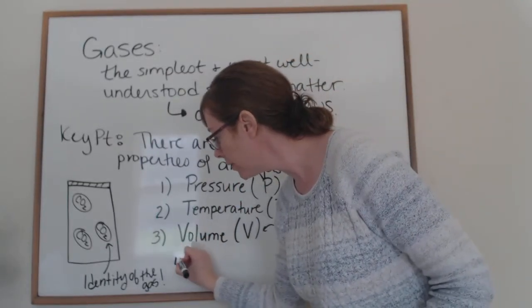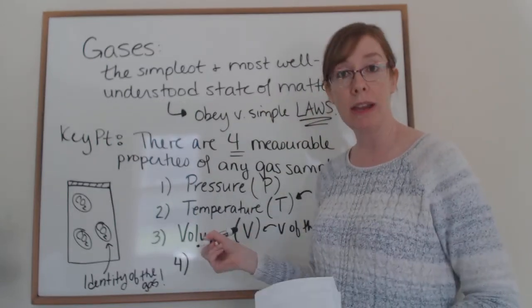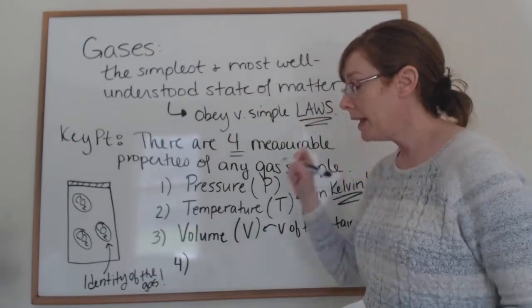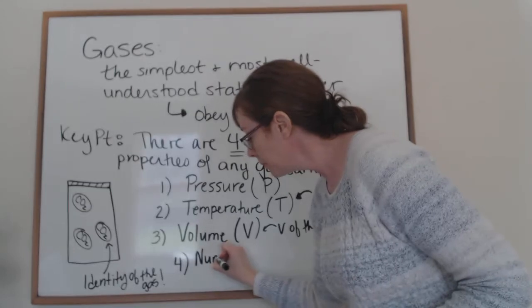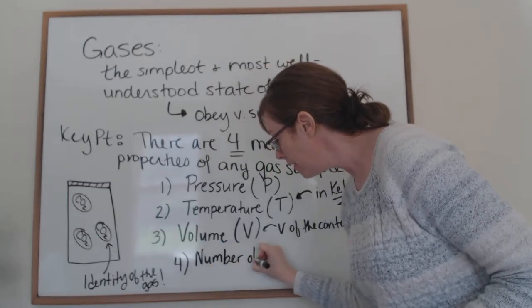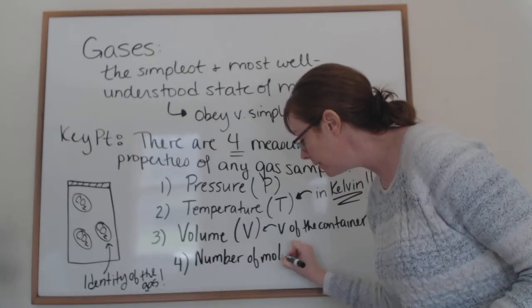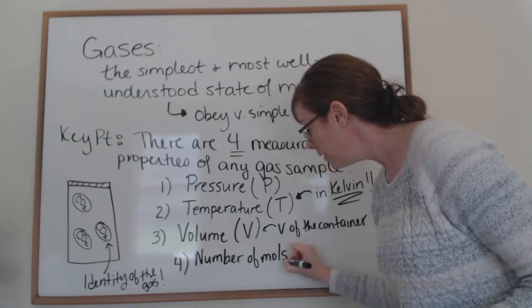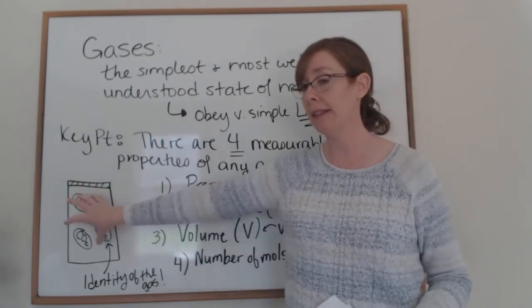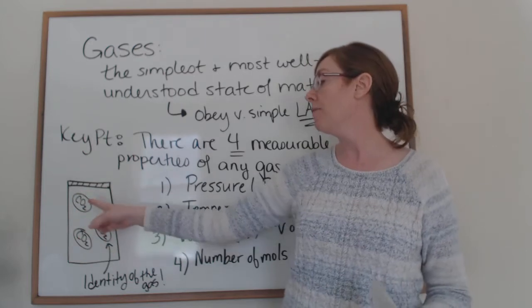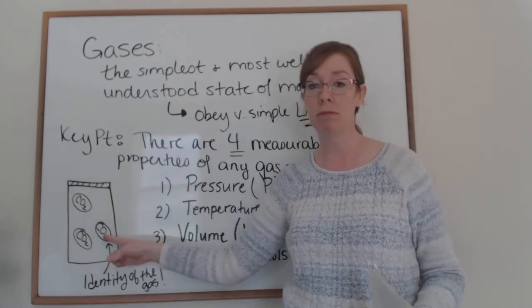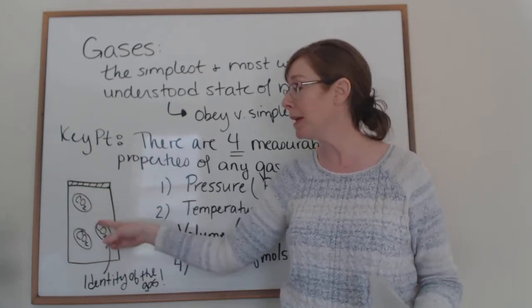And then the fourth measurable property that you can get numbers for of any gas sample is the number of moles. And number of moles is literally just counting the number of particles in the gas sample. That's something that you can measure. Of course, we don't count molecules individually, because that would take too long.